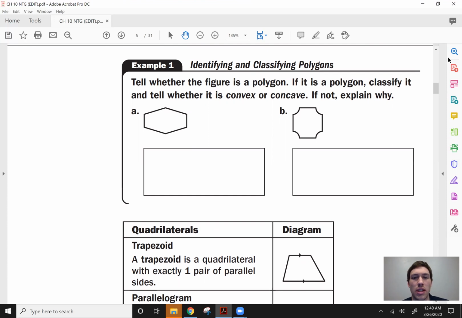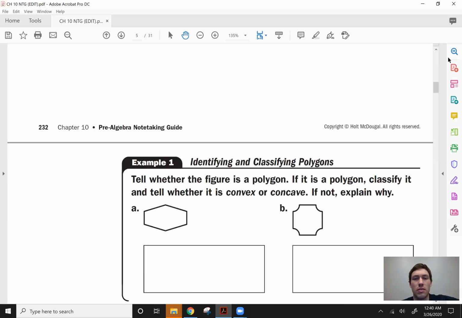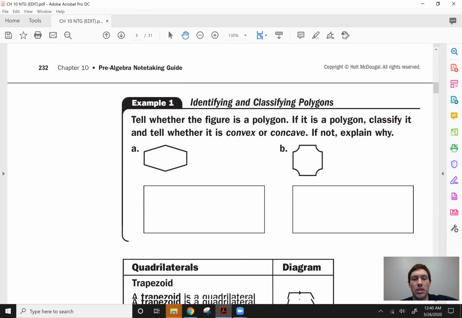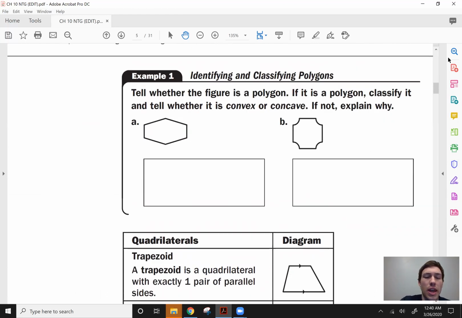So, on your homework, it'll ask you to identify and classify polygons. In this case, it's saying, tell whether the figure is a polygon. So does it fall under this criteria, or is it one of these cases where it's not a polygon? For A, that is a polygon, and because it has 6 sides, not all congruent, it's not a regular polygon, but we are going to call it a hexagon.